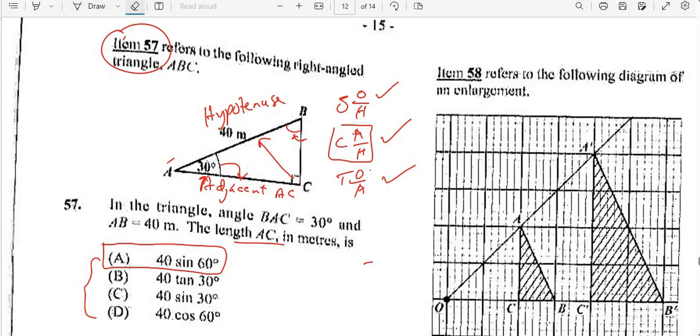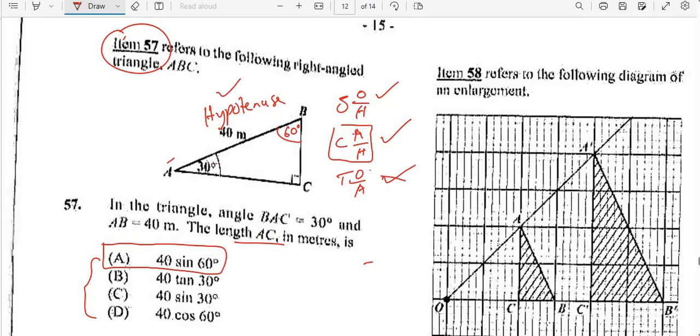Since we didn't find the 30 degree angle in the options with the 40 cosine 30, we could use the other angle here, which is the complement of 30, because 30 plus 60 is 90 degrees, plus 90 degrees is 180. So let's use this angle instead, angle B. We still have our hypotenuse given to us, so we're going to use our hypotenuse.